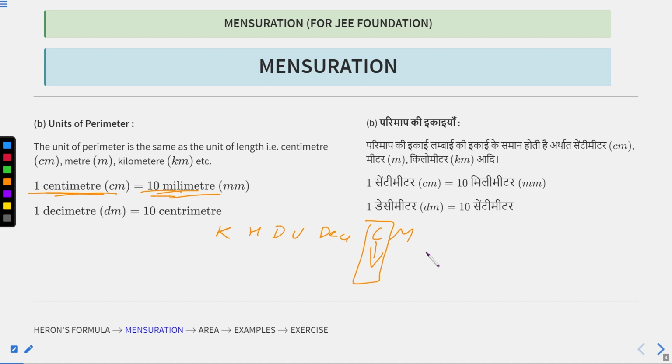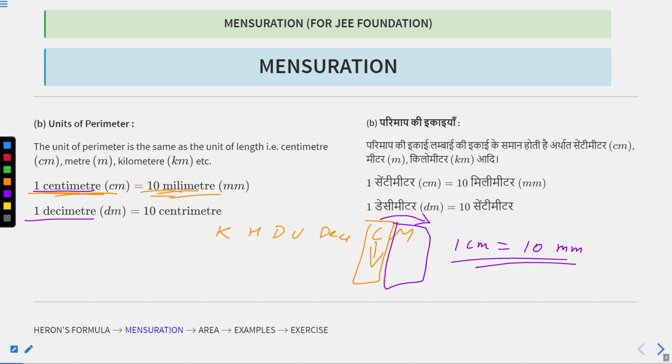We are moving to the right, from left to right. Whenever we go to the right, we multiply. So 1 centimeter is equal to 10 mm, because we took only one step. I hope this is clear to you.